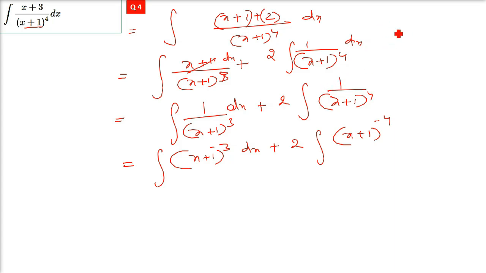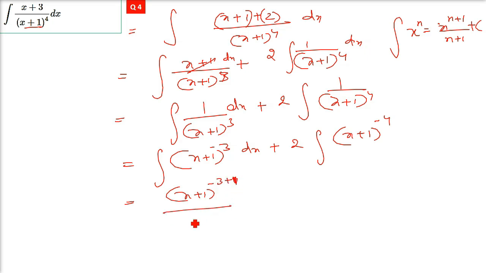Now we will just use this formula. X to the power n equals to x to the power n plus 1 by n plus 1 plus constant of integration. But actual thing is that you have to differentiate x plus 1 and divide it also. What is the result? And this is x plus 1 to the power minus 3 plus 1 divided by minus 3 plus 1. And when we differentiate this x plus 1, it will come as 1 only. So there is no change in this case. But it will not happen in every case. Please remember.